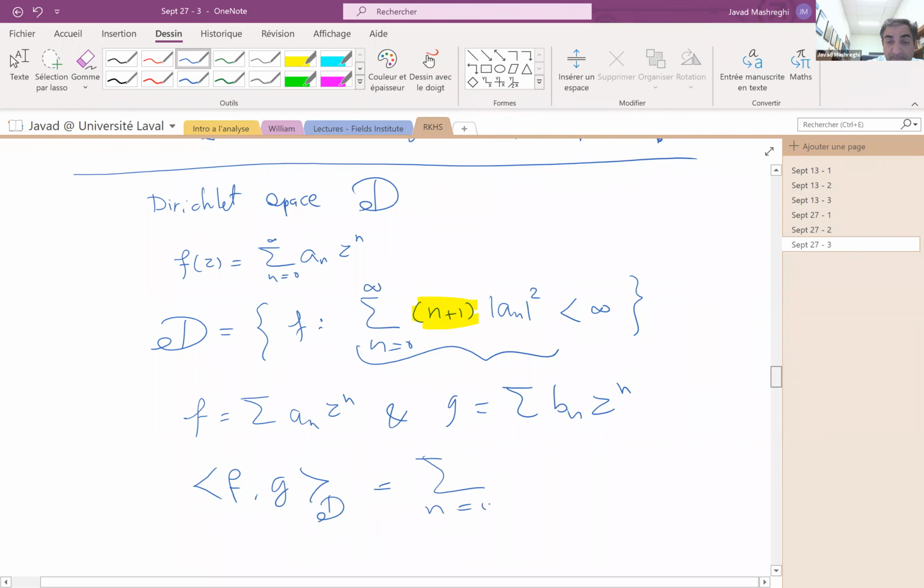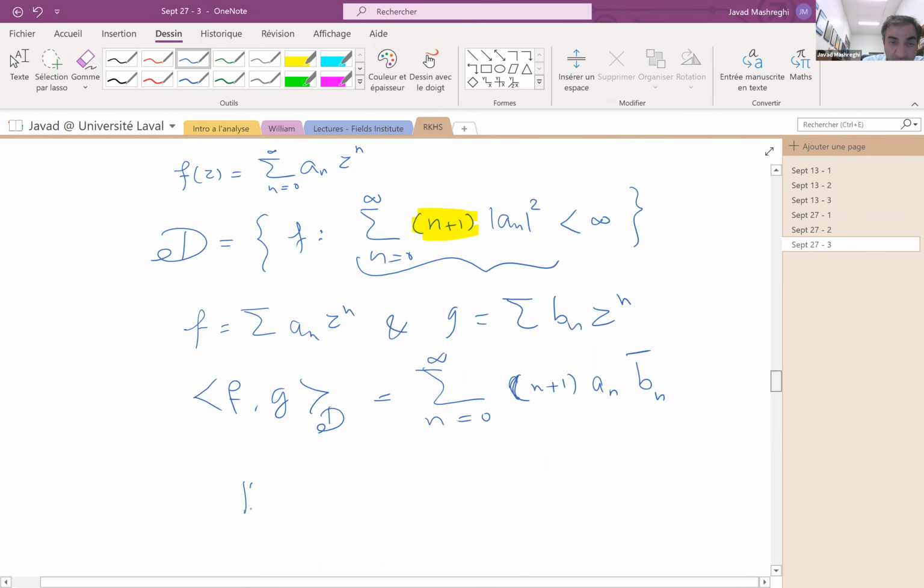So it's defined by the sum of (n plus 1) a_n b_n bar. And as you see, if f is equal to g, we obtain the same combination as above. So in other words, the norm of f in the Dirichlet space, norm squared, is the sum of (n plus 1) |a_n| squared.